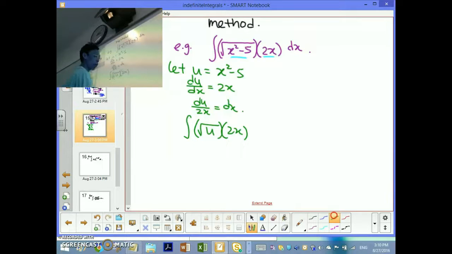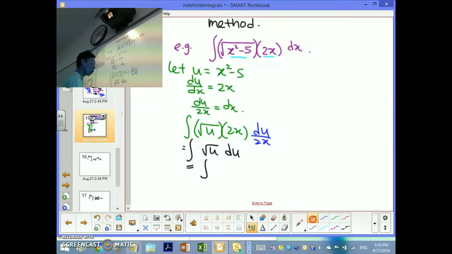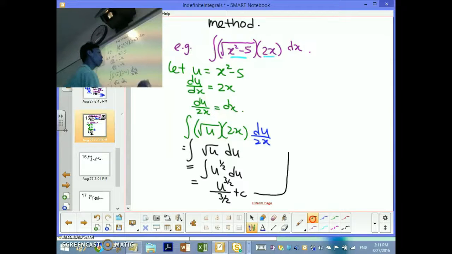The dx now becomes du over 2x, and you can see that the 2x and 2x can actually cancel out, and you are left with square root of u du, which is basically the integration of u to the power of half du, and the answer to that will be u raised to the power of 3/2 over 3/2 plus c.